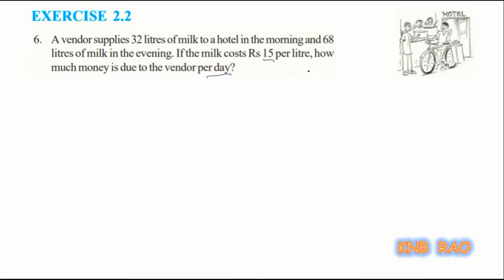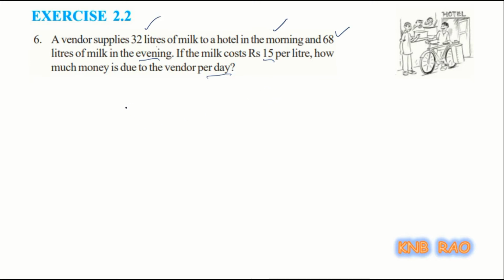So, when he is supplying 15 rupees per liter worth of milk, 32 liters in the morning, 68 liters in the evening, put together he will supply 100 liters, whereas cost of 100 liters of milk at the rate of 15 rupees per liter will be 1500.